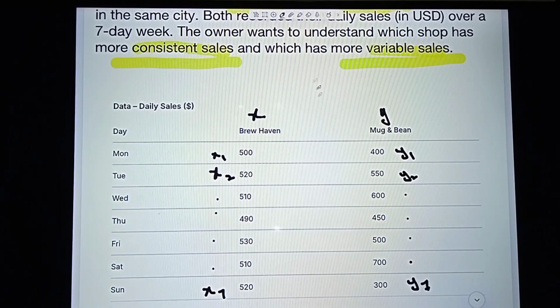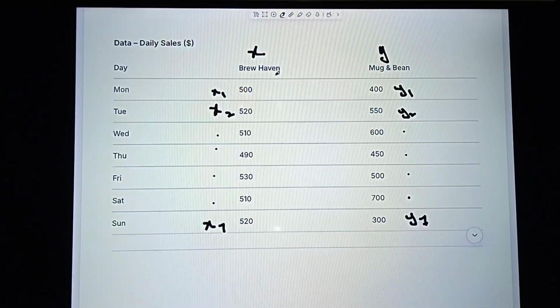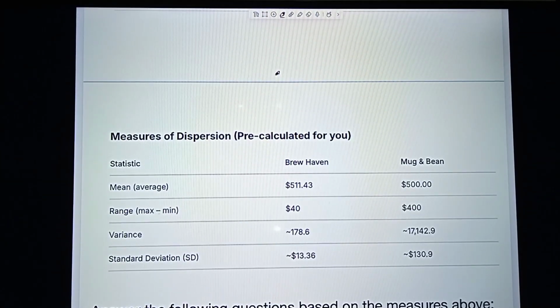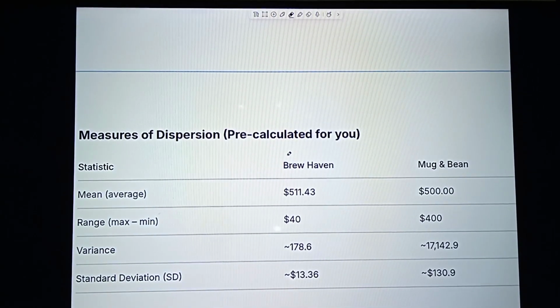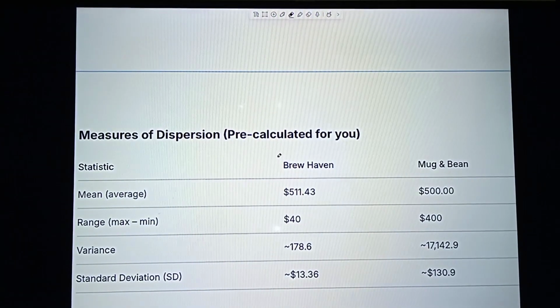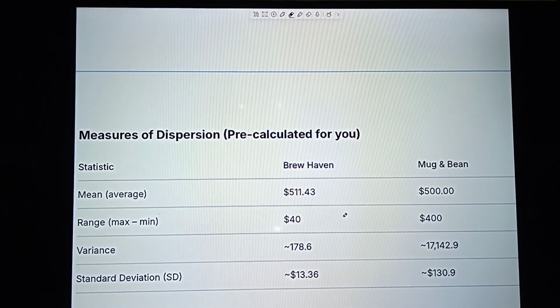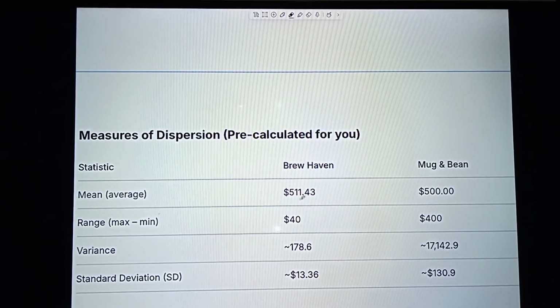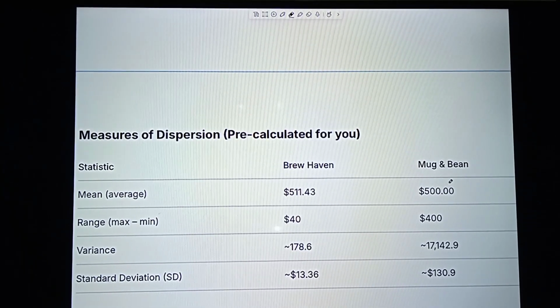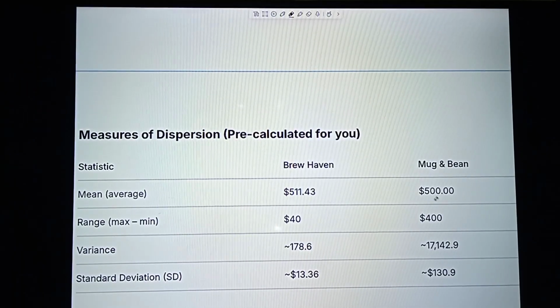Let's compare their sales. Here the measures of dispersion are calculated. Breve Haven's mean is $511.43, whereas Mug and Bean's average is $500.